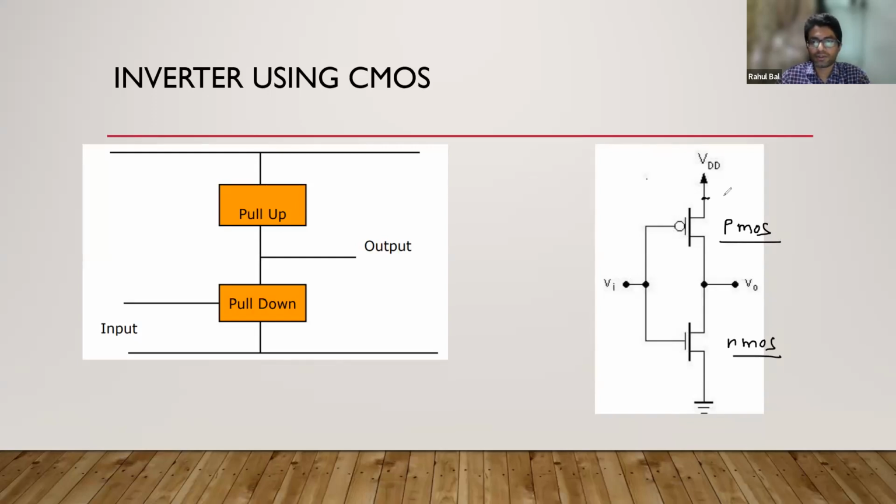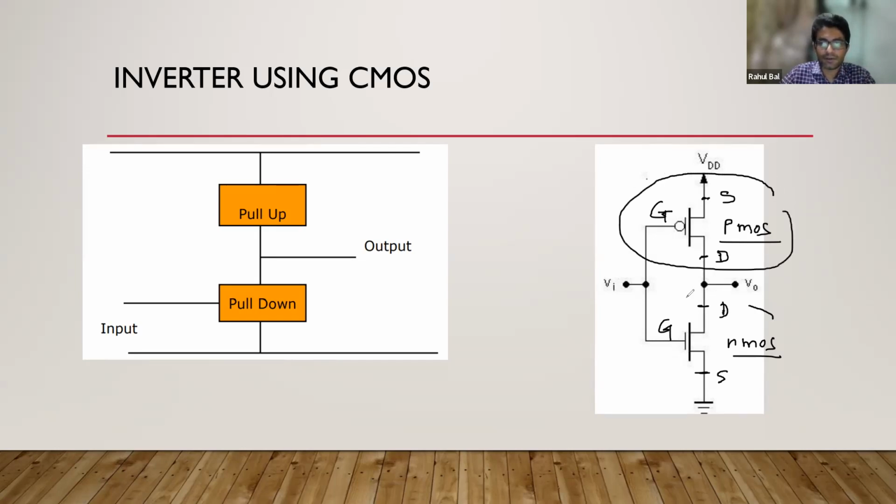For PMOS, this is source, this is gate, this is drain. In case of NMOS, this is drain, this is gate, this is source. Remember this. The upper part is the pull up part, this is the pull down part.